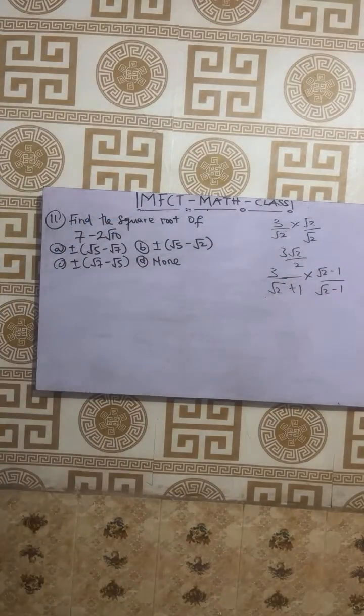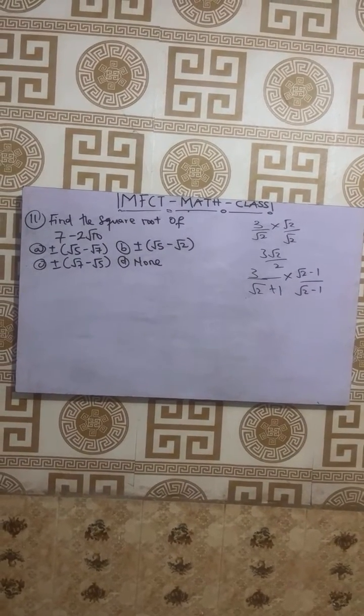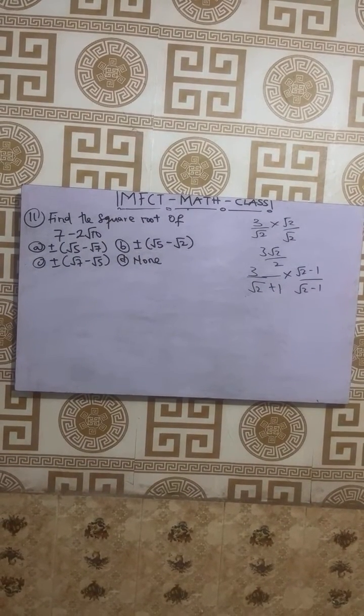So let's talk about the square root of surd. Yes, Joel Oluwatomiwa, I've answered your question. If a question asks you to rationalize, then you have to use the conjugate. You multiply the numerator and the denominator by the conjugate of that denominator.